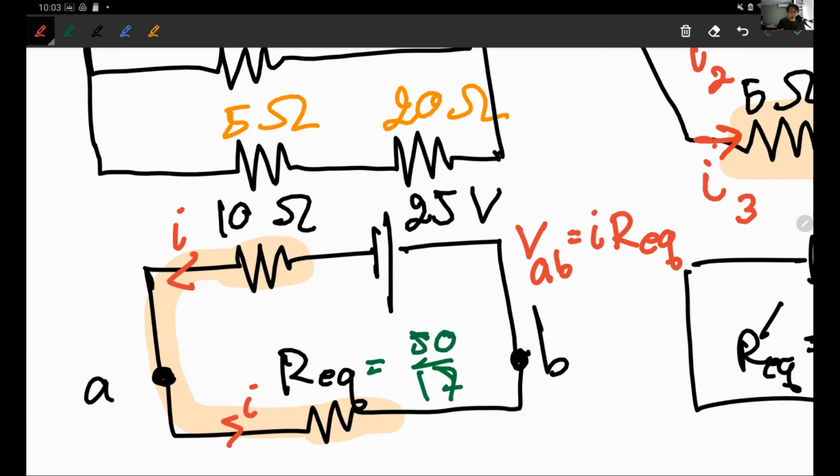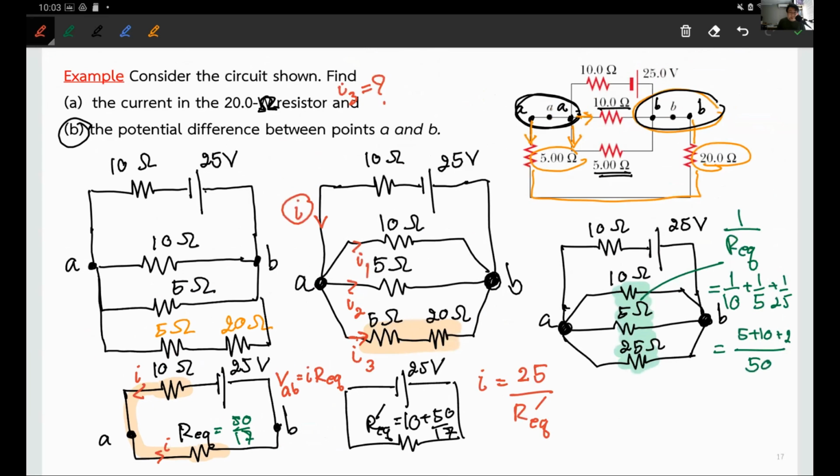Not the R equivalent prime, just R equivalent. So the lower left circuits allow you to calculate the potential across A and B very easily. You guys with me now?